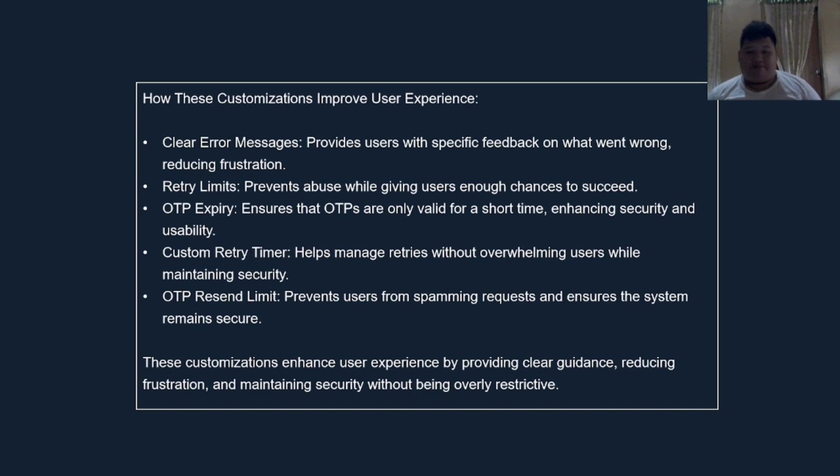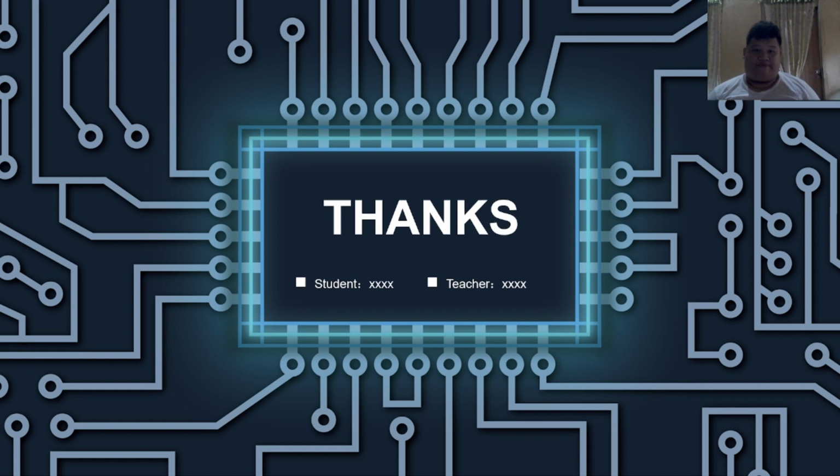A custom retry timer helps manage retries without overwhelming users while maintaining security. Then, the OTP resend limit prevents users from spamming requests and ensures the system remains secure. This customization enhances user experience by providing clear guidance, reducing frustration, and maintaining security without being overly restrictive.